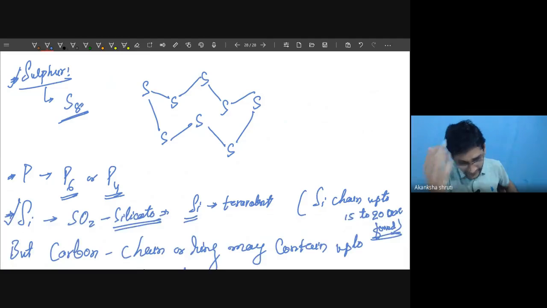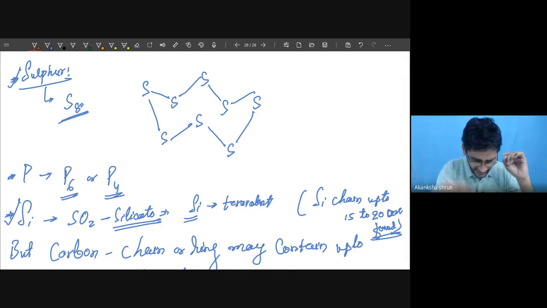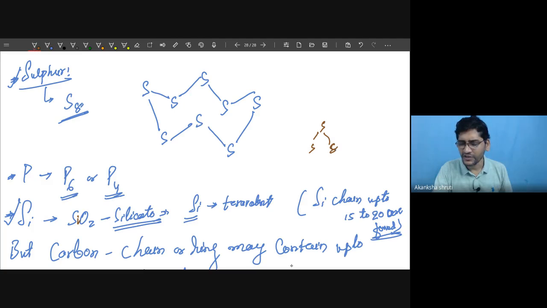Yes, students, any doubt, then please ask. Sir, it is SiO2. Yes, it is SiO2, this is not our SO2. Silicate is a different structure, which you will read about, in which silicon connects to another silicon, then a third, and oxygen connects alongside. Those things you will learn in higher standard.